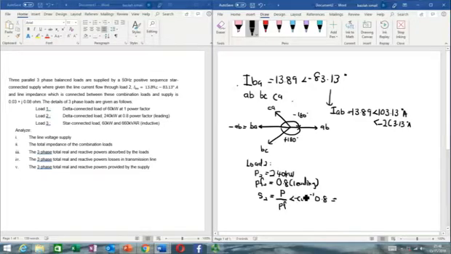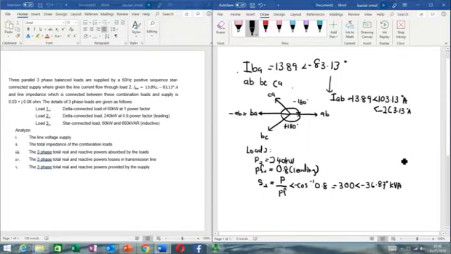So 240 divided by 0.8, the answer is 300 kVA, and the angle is negative 36.87 degrees.